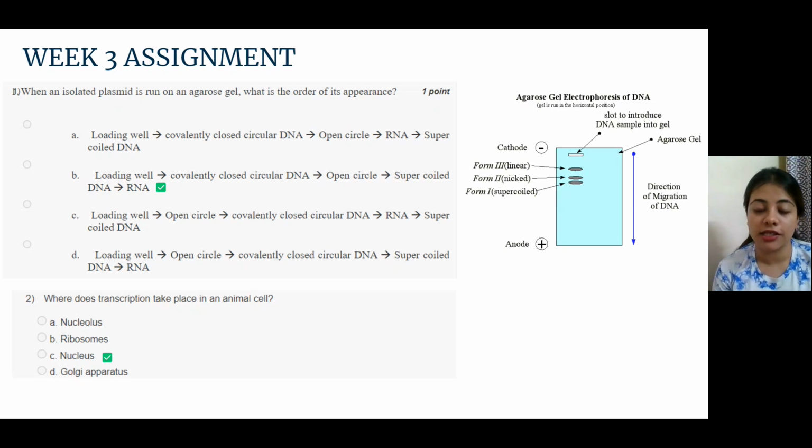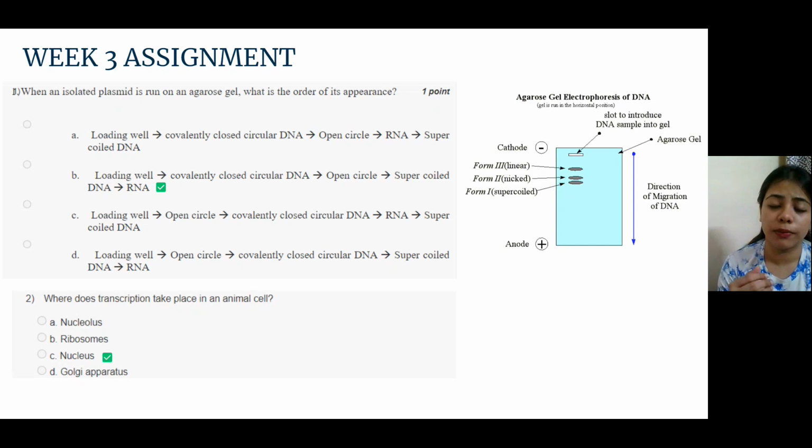Before we get into the details, let us just try to recall what exactly is the purpose of running any sort of DNA sample on an agarose gel. Agarose gel is used for nucleic acids particularly, while SDS-PAGE is used for protein samples.